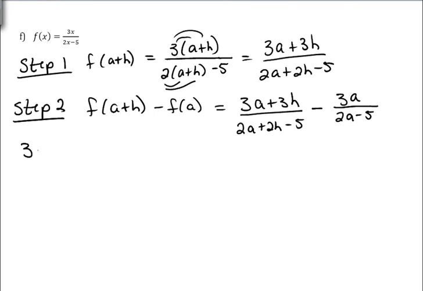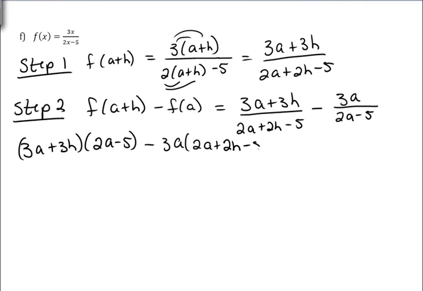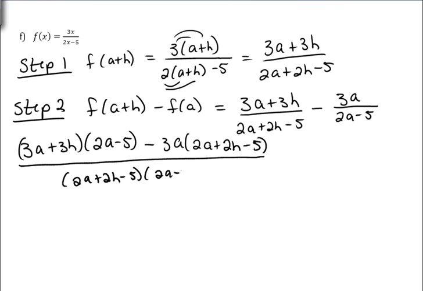That would be 3a plus 3h times 2a minus 5 in the first numerator, and then minus 3a times the first denominator, 2a plus 2h minus 5. And this will all be over your common denominator, 2a plus 2h minus 5 times 2a minus 5.